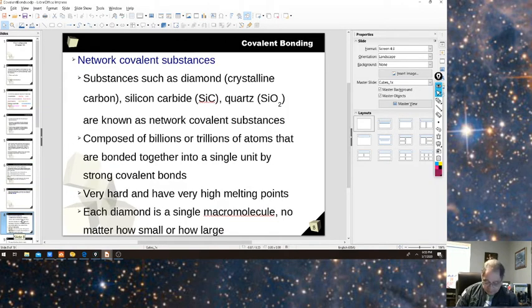Okay, for the metallic bond, understand what makes it what it is. Why is it metallic? Well, we have the sea of electrons.